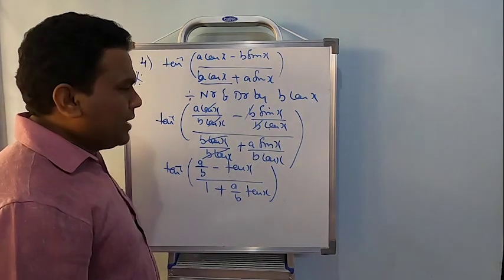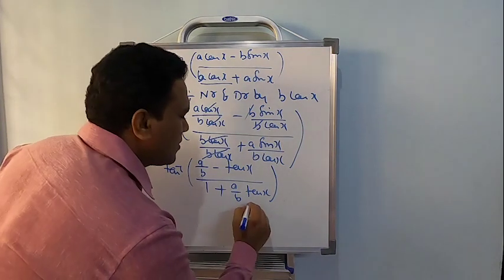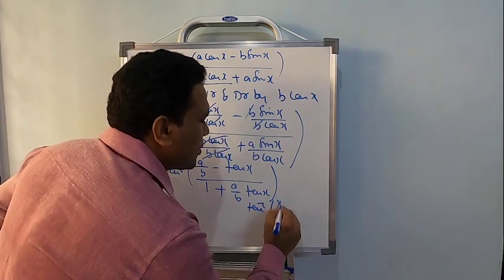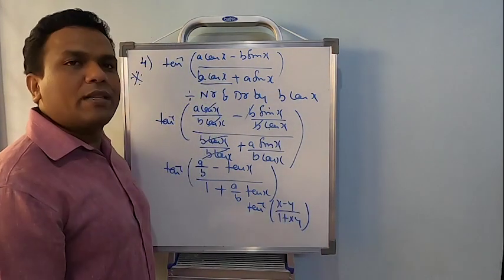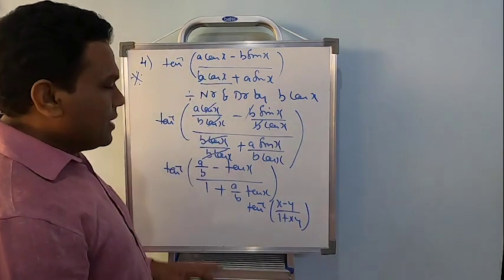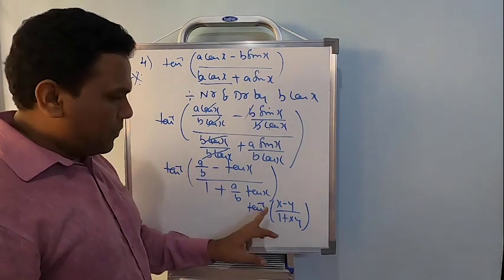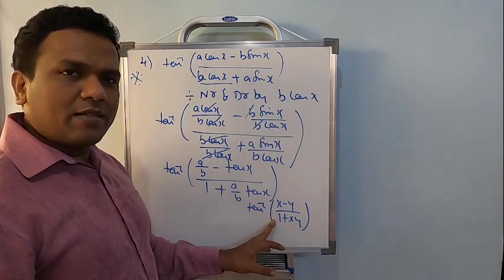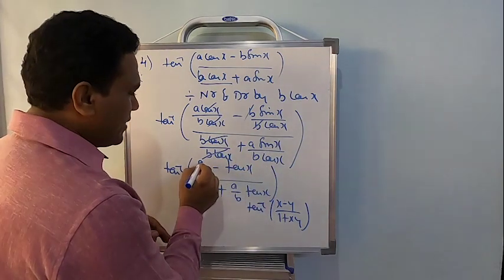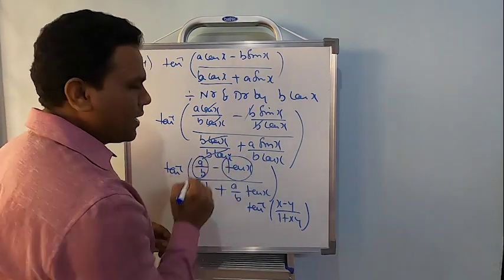Just look at this. I can compare this with the formula of tan inverse of x minus y by 1 plus xy. That was the reason why the division was by b cos x. So I can compare whatever I got here in this form. This is nothing but the formula of tan inverse x minus tan inverse y. Whatever I have written here is my x value and this is my y value.